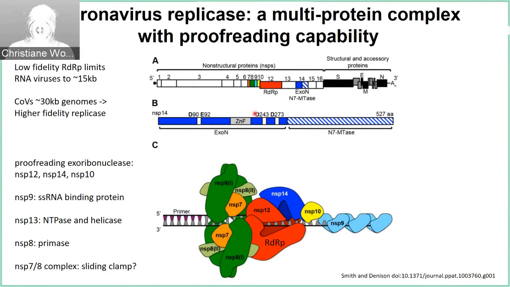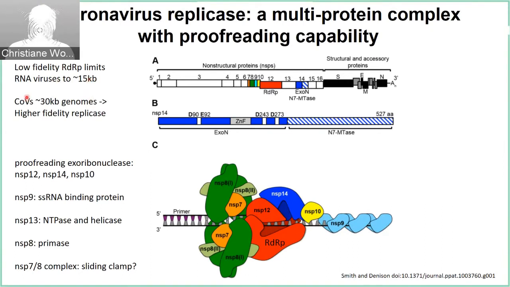And the reason is that typically, RNA-dependent RNA polymerases have low fidelity, so that means they make lots of mistakes, and that limits the size of RNA viruses to below 15 kilobases.